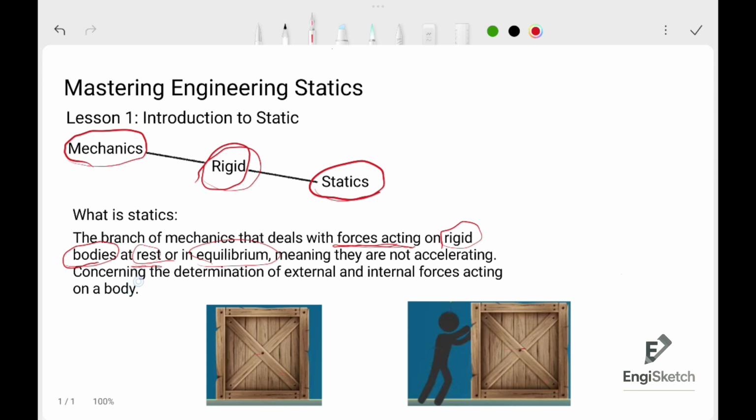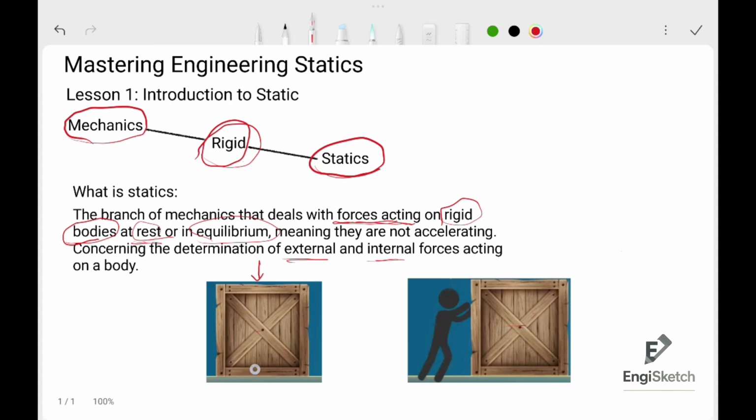Then what we will do in statics is concerned with the determination of external and internal forces acting on a body. So we will determine the external and internal forces acting on a body. For example, here on the left figure, we have the gravity, the weight of the body itself in the gravity direction.